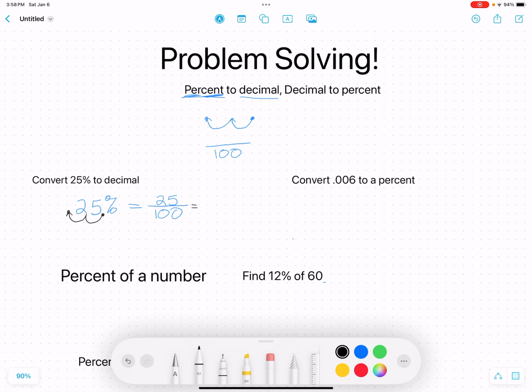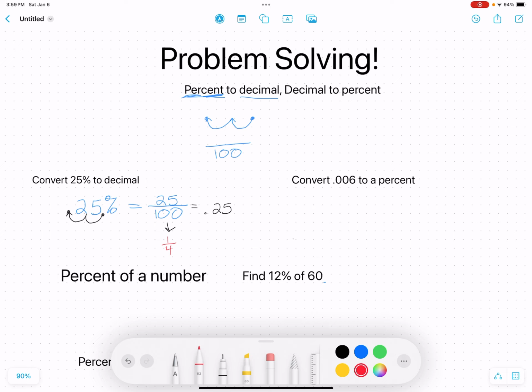That means that I get 0.25. And 25% makes sense that it would be 0.25. As a fraction, if I was going to simplify 25 over 100, I would get 1/4. And that also makes sense.